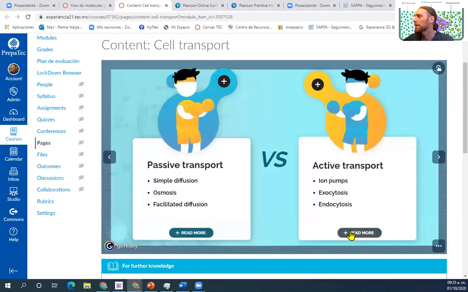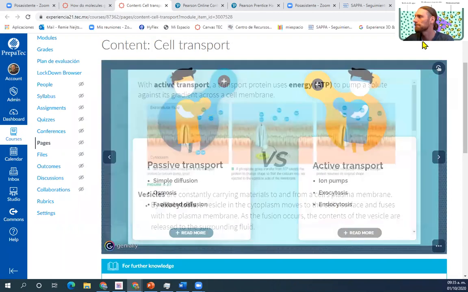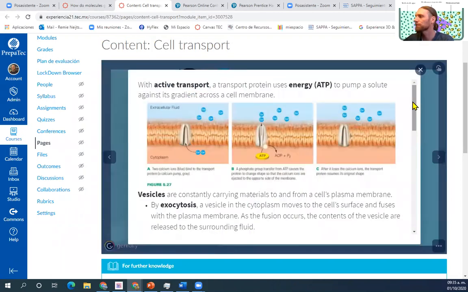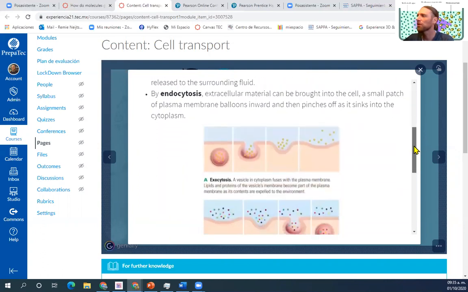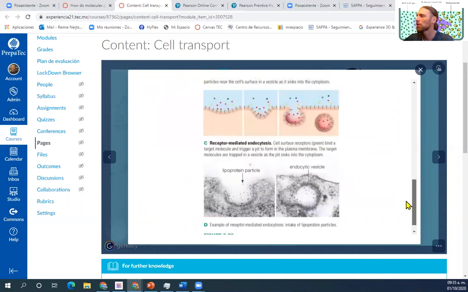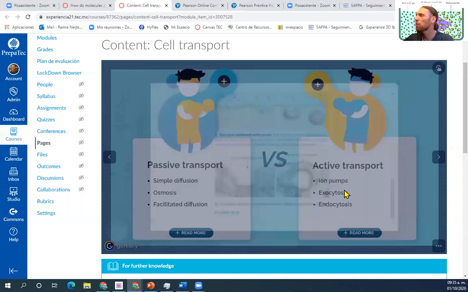And then, active transport. Active transport is the way of transport where we need ATP. If you click on it, you can read about it. You have exocytosis and endocytosis, okay? And active transport is more simple.